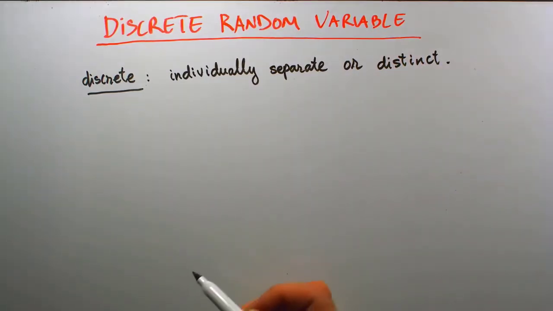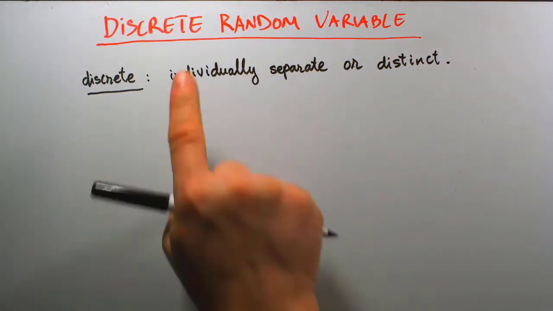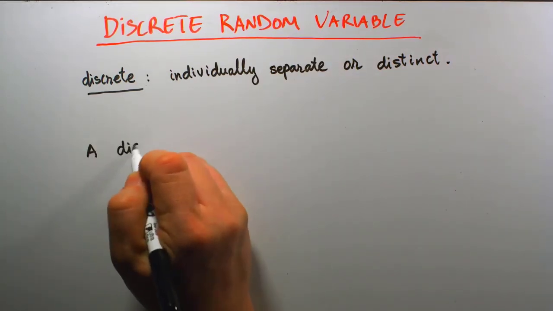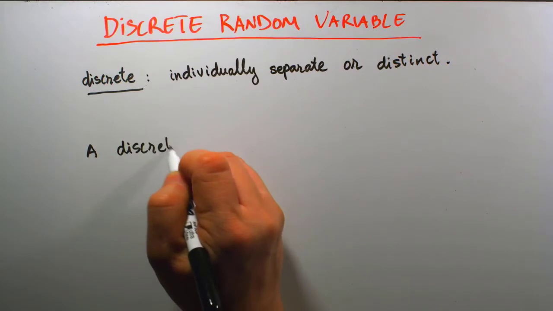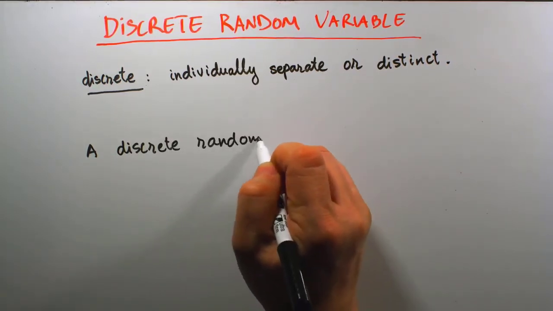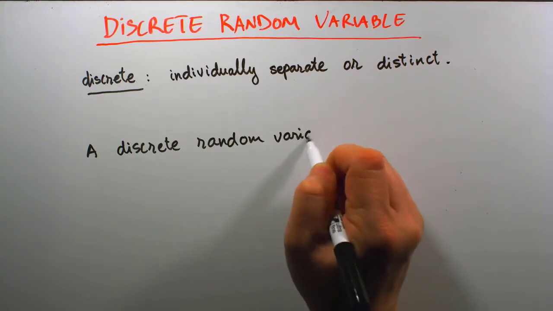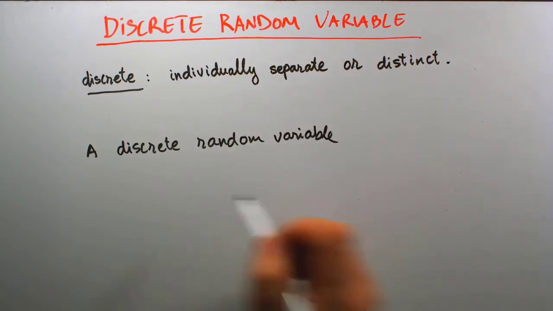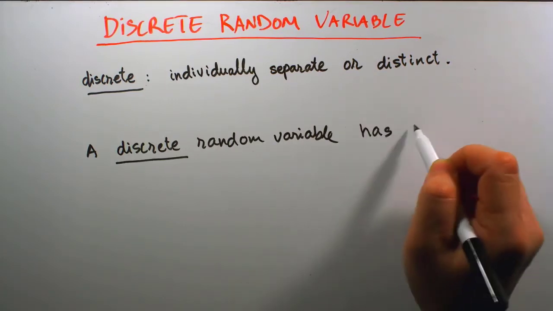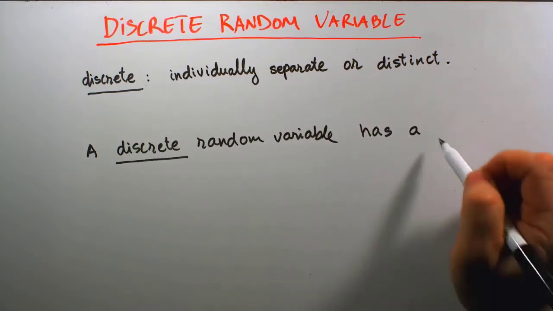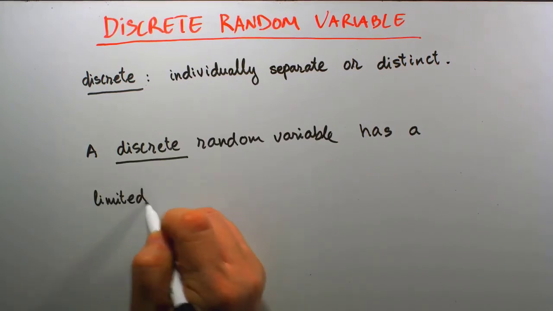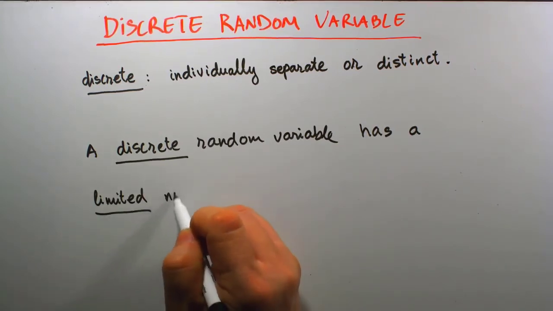But then I spent so much time explaining how a discrete random variable has a limited number of values.